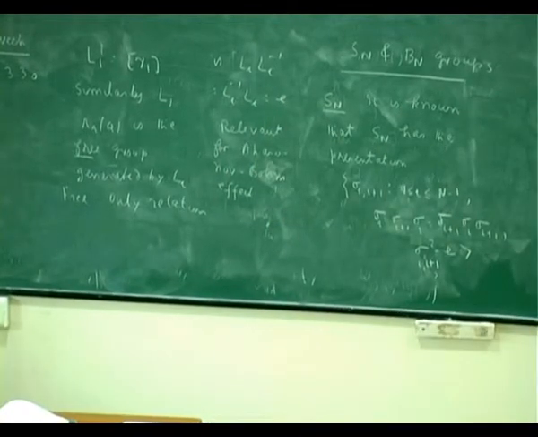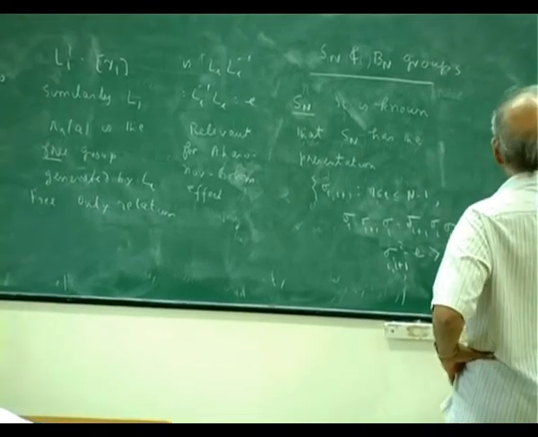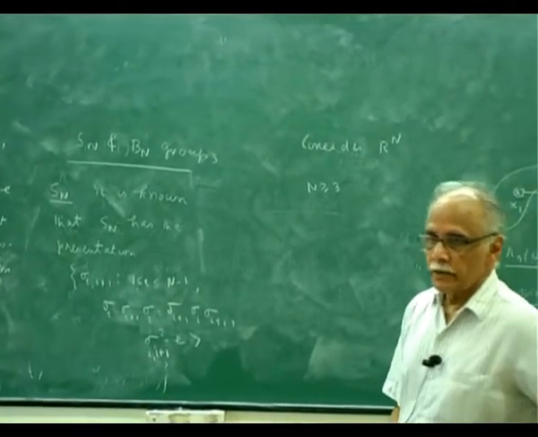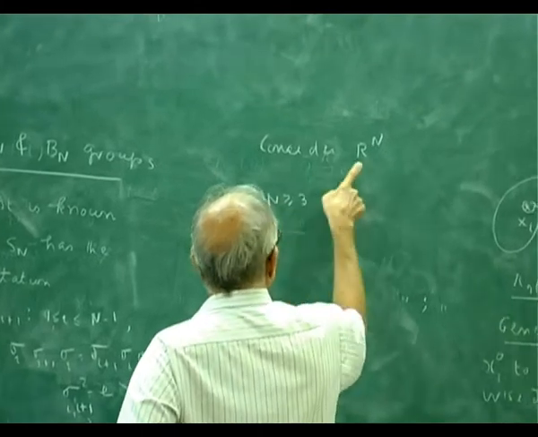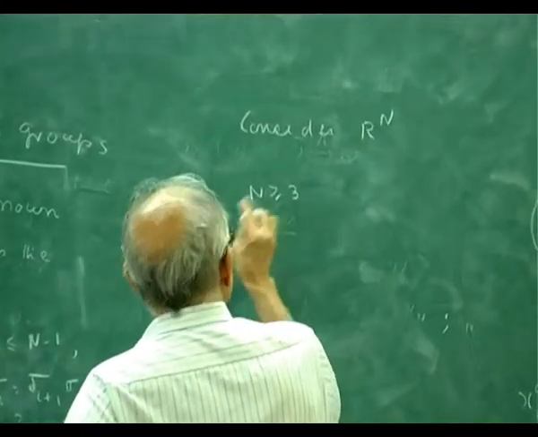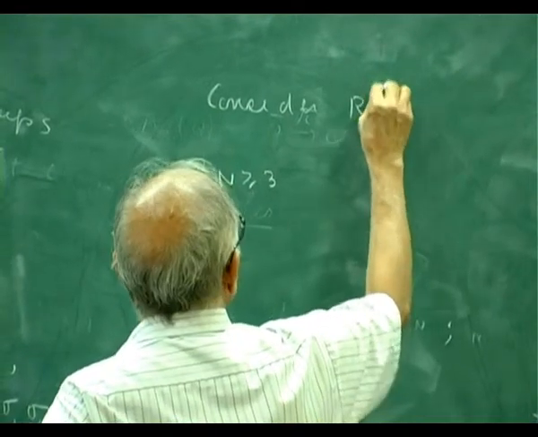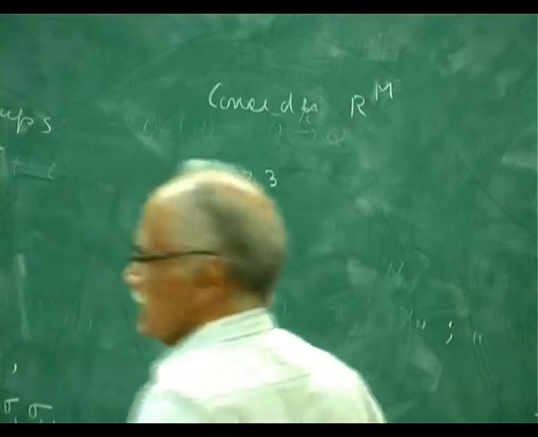So consider Rn. Let me consider n larger than or equal to 3. Now I will consider, let's not call it Rn, call it Rm.